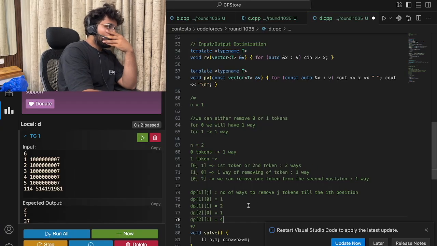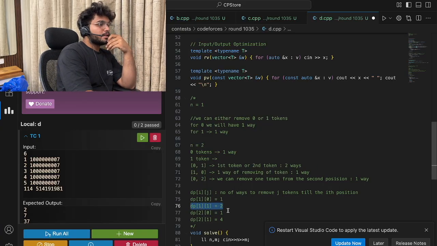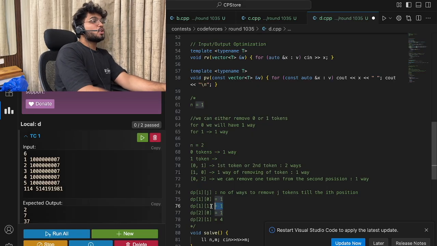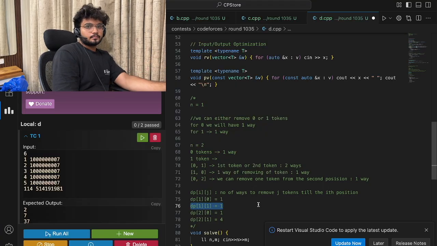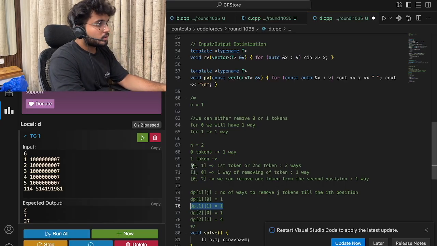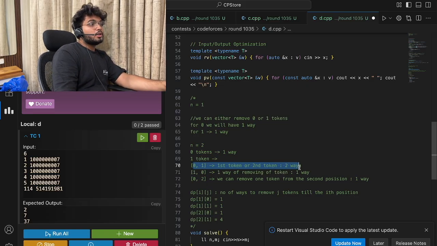See, is dp 1,1 equals to, oh wait, this is 1. Is dp 1,1 equal to 1 if n is greater than 1? Which means till the first position, the number of ways of removing one token, is it actually 1? No, because see, here also we are able to remove a token from the first position.